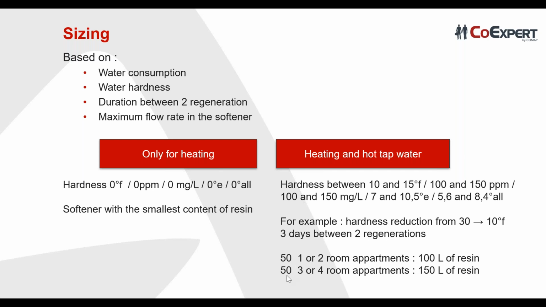And if it's a case of 3 or 4 room apartments, 150 liters of resin will be necessary. So that's an example of sizing. The key point here is that the supplier is going to size the softener. So in the case of Comap, for this range of softener, Comap is going to size the softener you need.